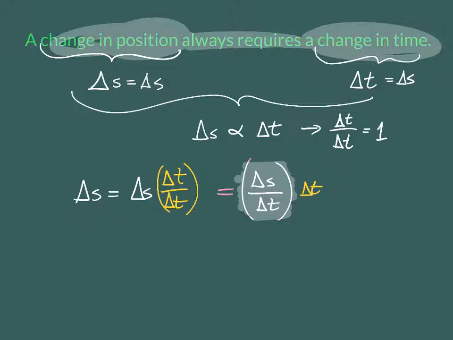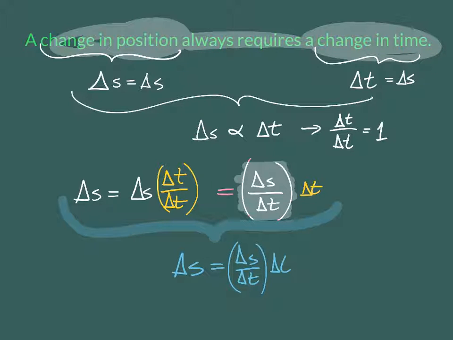All right. So what we have here boils down into delta S per delta T. So the trick is, what do we name this? And we call this speed, or velocity if it has a direction.